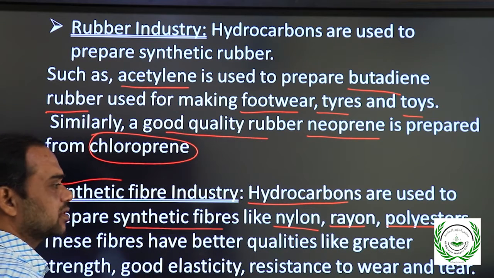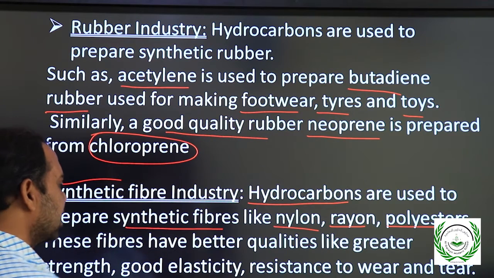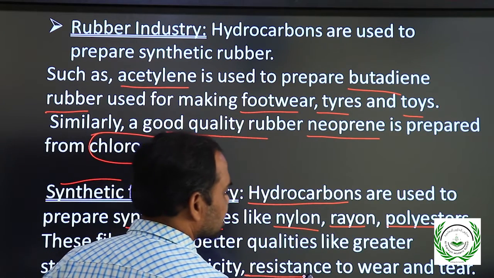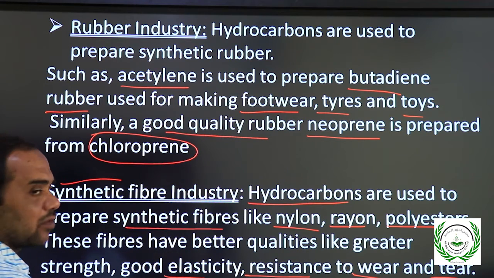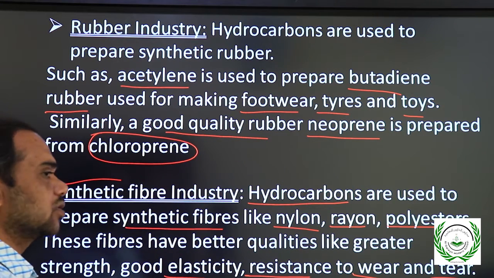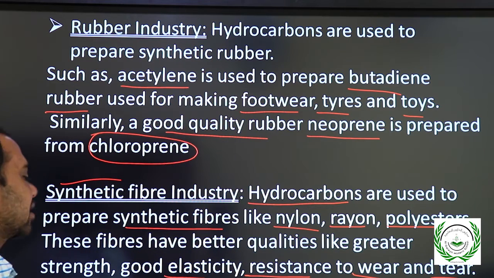These fibers are of better quality, with good strength and good elasticity, giving more resistance to wear and tear, and more life. Clothes are made from these synthetic fibers, and they are longer lasting than natural fibers.